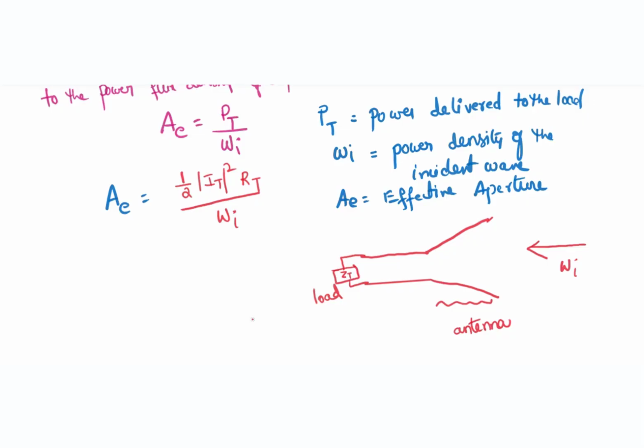Total power is equal to the sum of real power and the reactive power. This is the real power. So now I'll explain what is this RT-IT by taking a simple diagram.